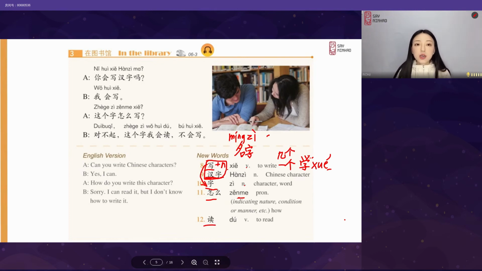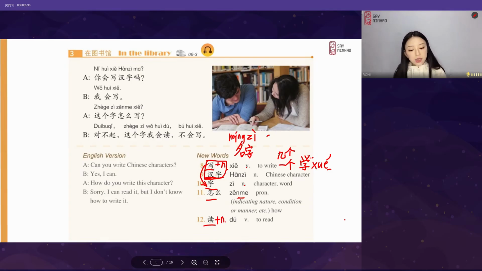Next one, last new word is 读, which means to read. Okay, read after me, 读. It means to read. So read Chinese characters is 读汉字.